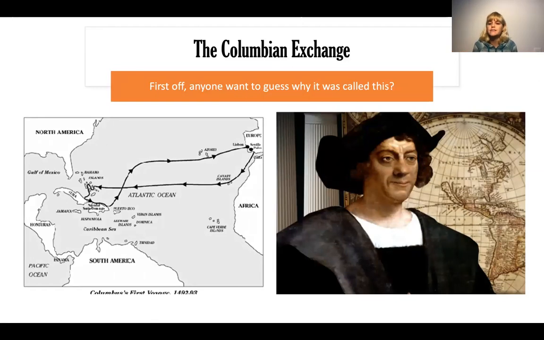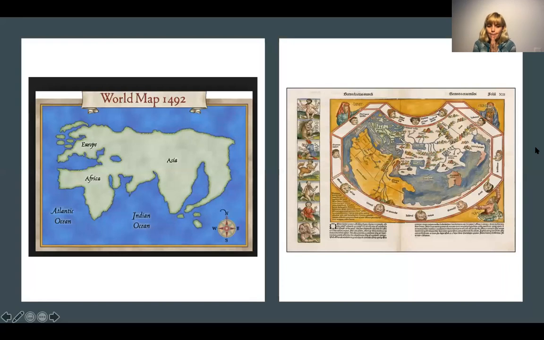Basically his voyage, at least, obviously it's up for debate, is considered to be the first interaction between Europe and the New World. Historians today tend to think of the world as, yes, 1492, this is what we've got, and after 1492, everything changes.